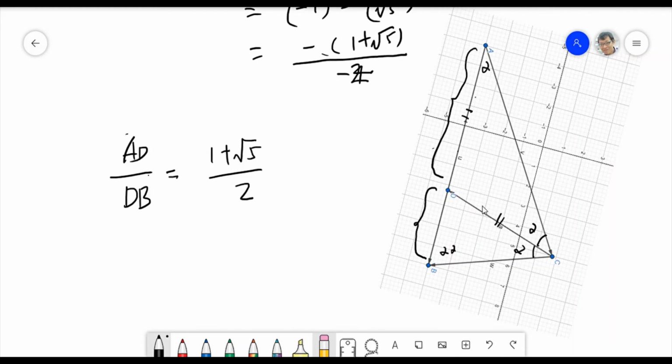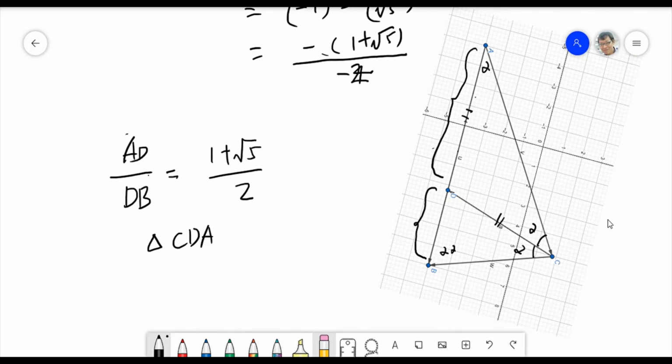Let's observe triangle CDA. Since there are two equal angles, it is an isosceles triangle, so their corresponding sides are the same length.